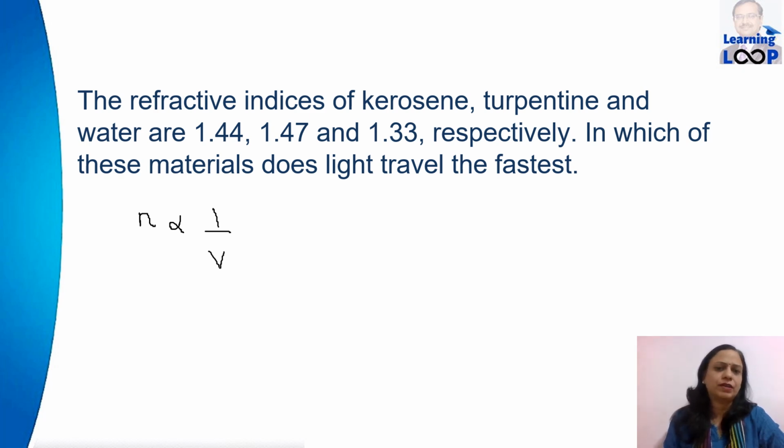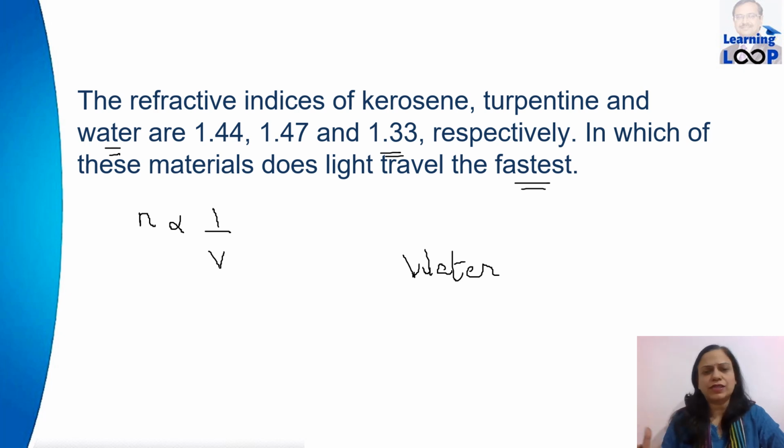That means if the refractive index is more, speed is less, and if the refractive index is less, speed is more. We have to find the fastest one, that is the one which has the maximum speed. So the maximum speed would be in that medium which has the lowest refractive index. 1.33 is for water, and that is why water here is the medium in which light travels the fastest.